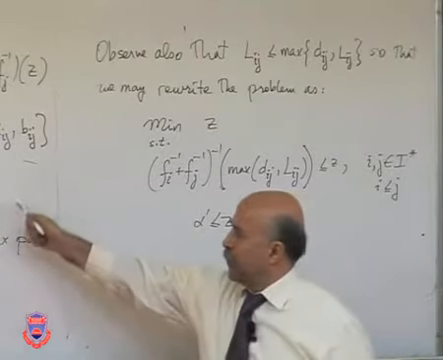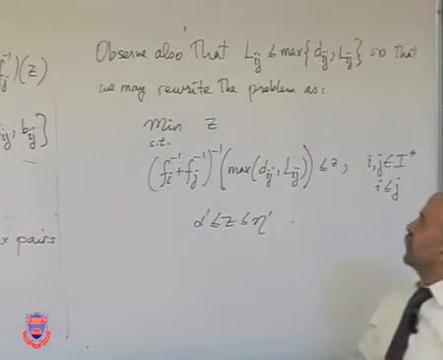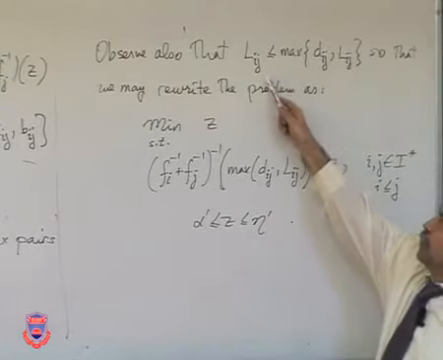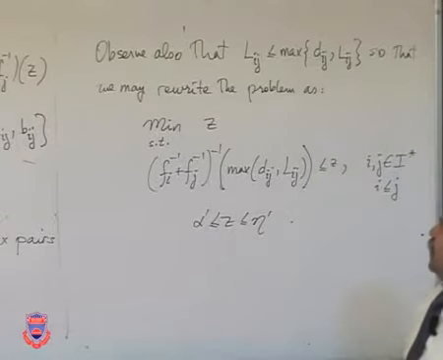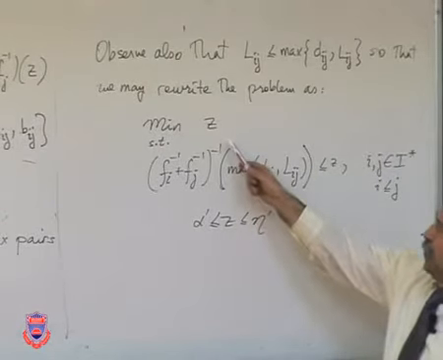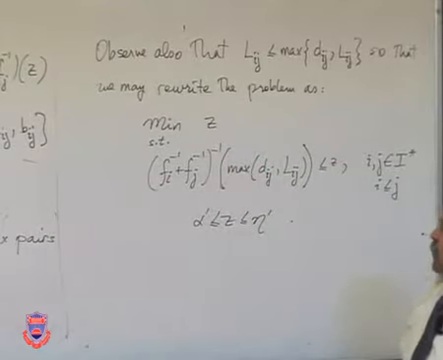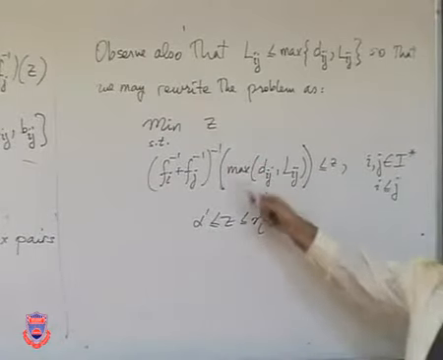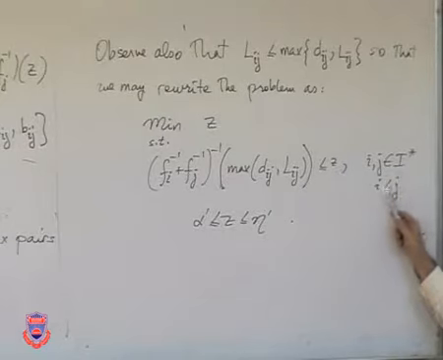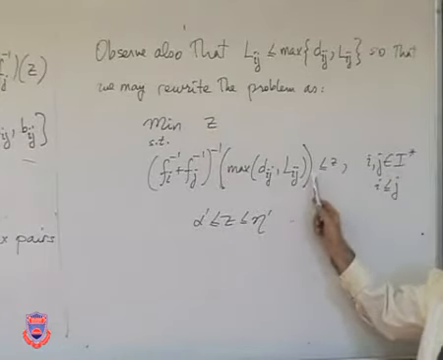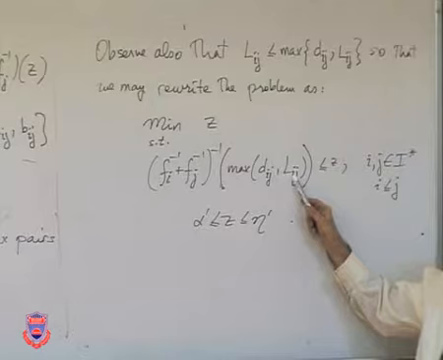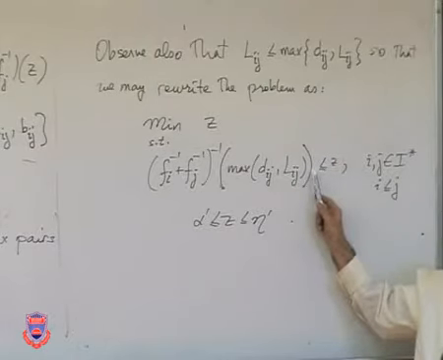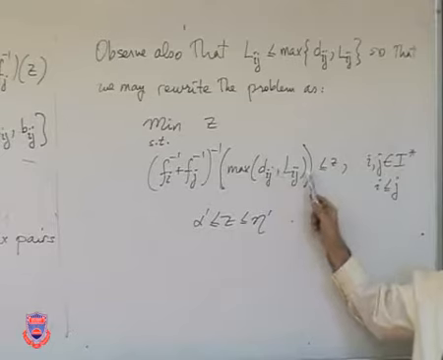Well, with such constraints being redundant and by simply observing that Lij is always less than or equal to the maximum of Lij and Dij, the last problem we had written down can be written in this particular form, where ij is in I star, i less than or equal to j, so that whenever the maximum here is realized by Lij, that indeed tells you the constraint is redundant, but this is well defined.